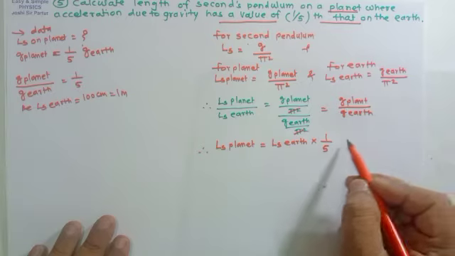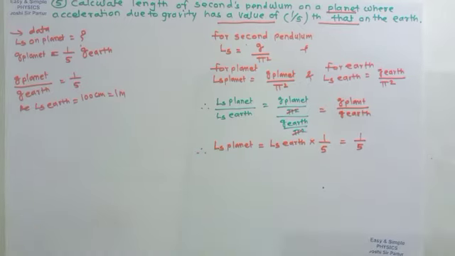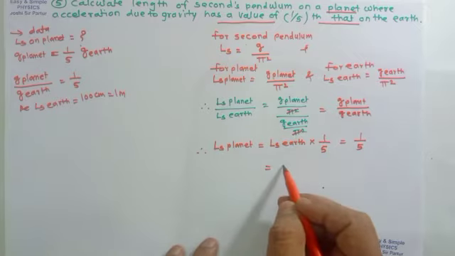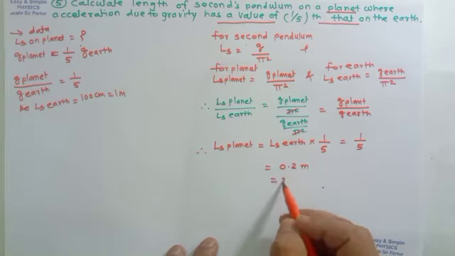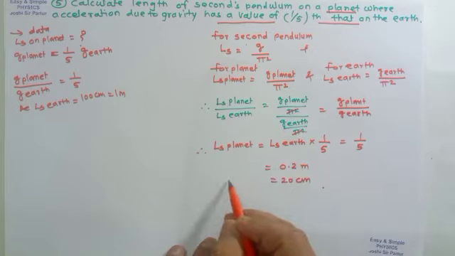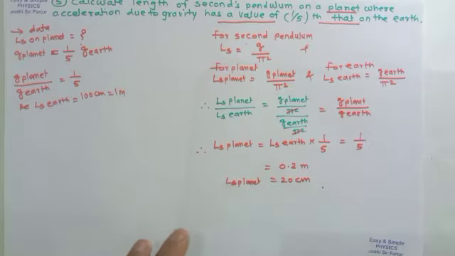For earth it will be 1. So second pendulum length on planet will be 1/5, that is 0.2 meter or 20 centimeter.